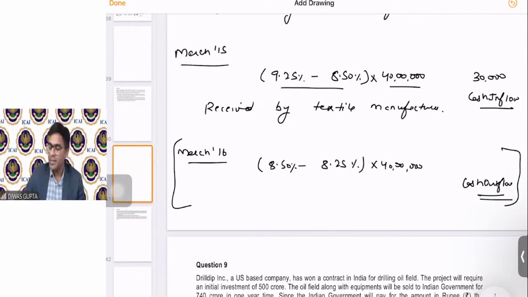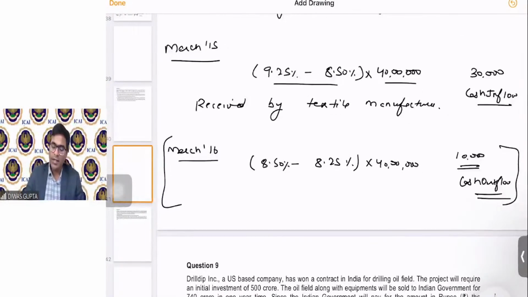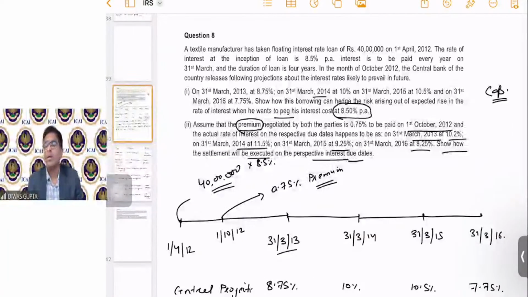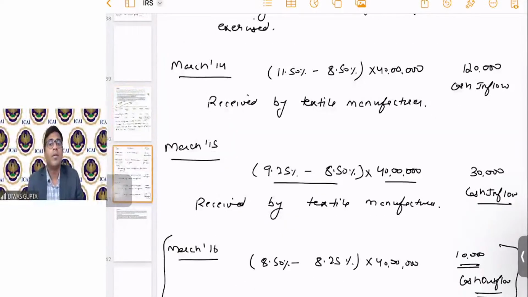Is it correct, students? Tell me, whether this person, the textile manufacturer, will be required to incur a cash outflow on account of low interest under this instrument. I'm waiting for your responses.